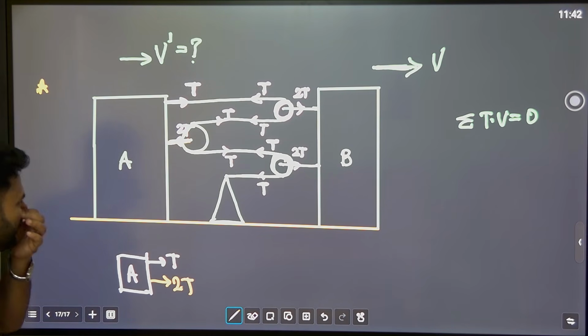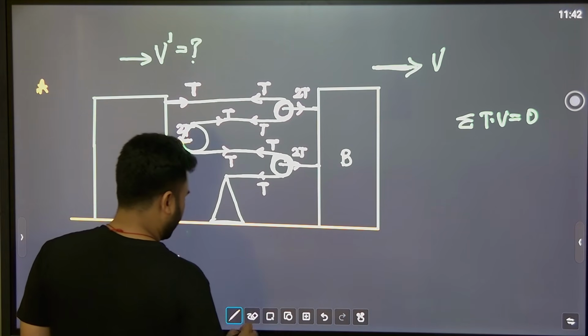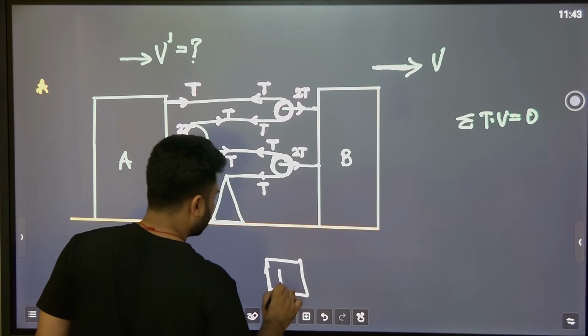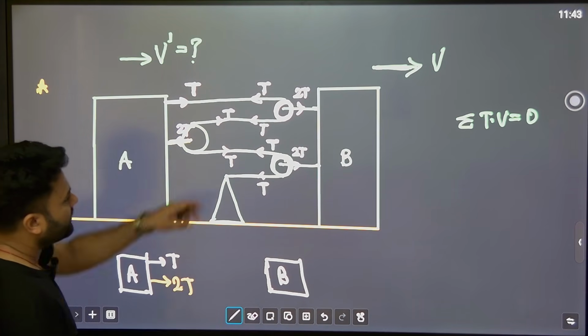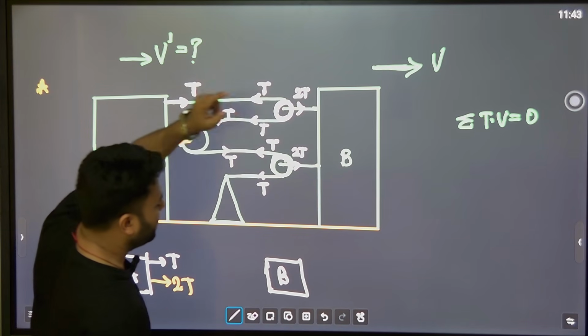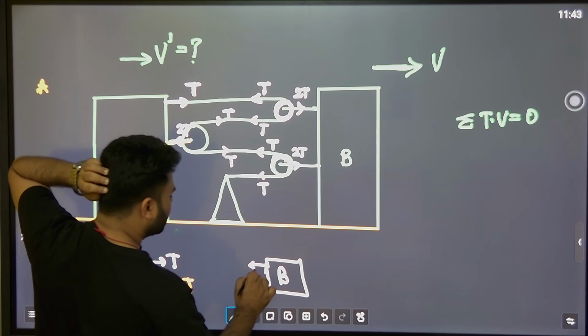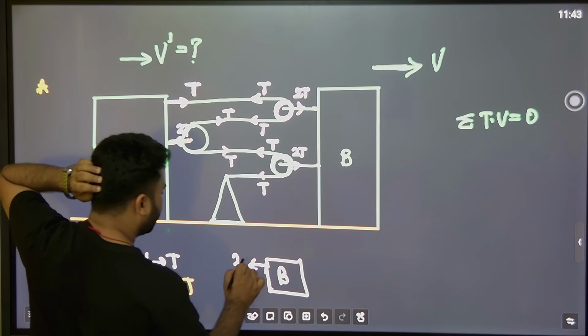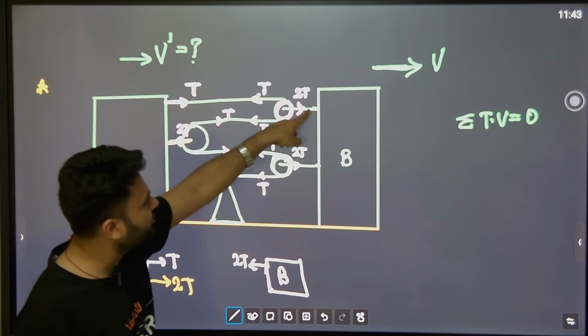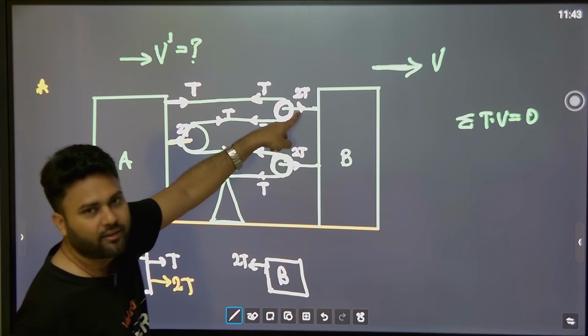Correct. Similarly, if this is block B, this is 2T, this is 2T. For block B, tension will act away, so this will be 2T here. This string, tension is how much? 2T.